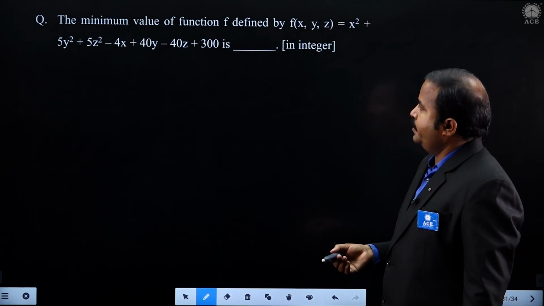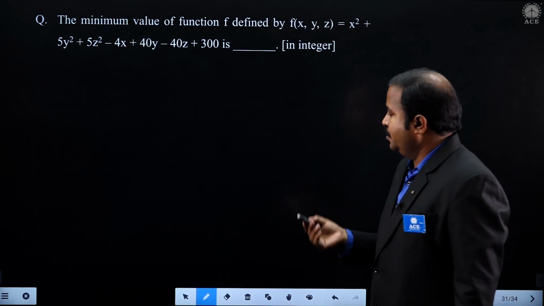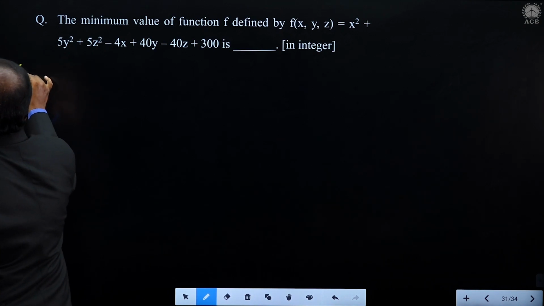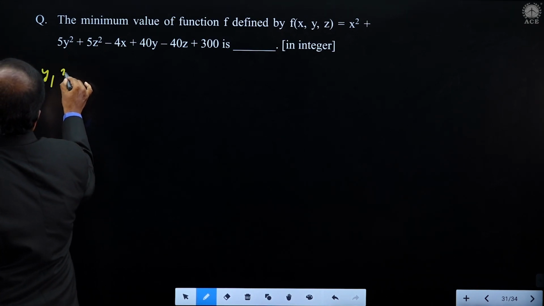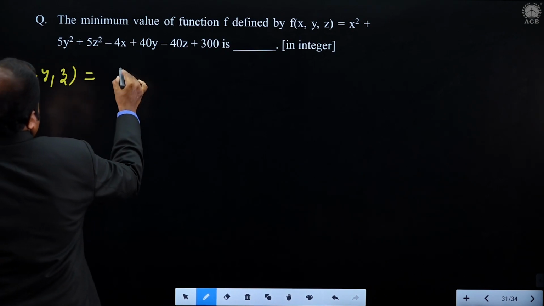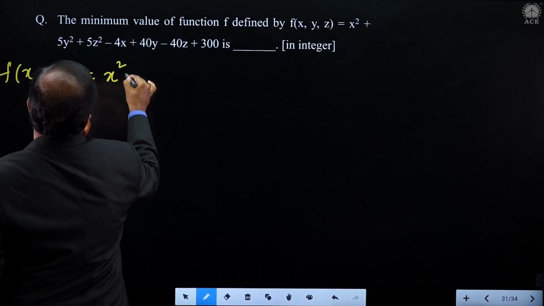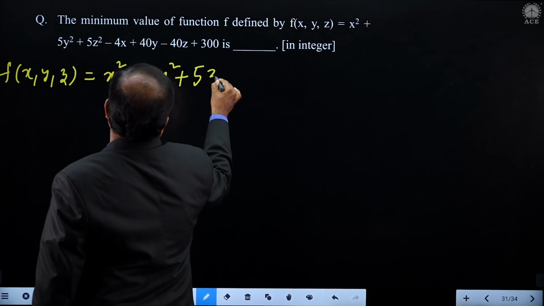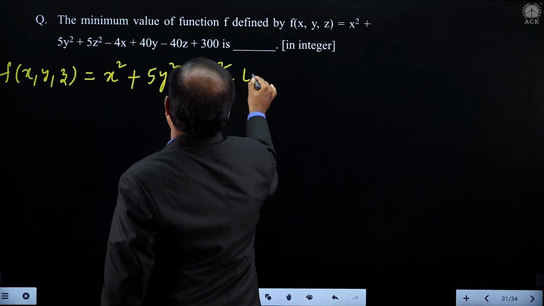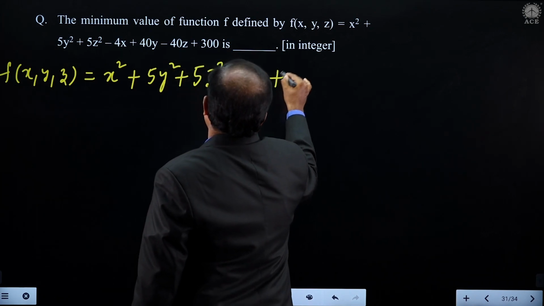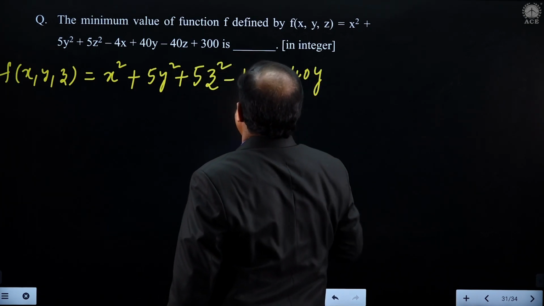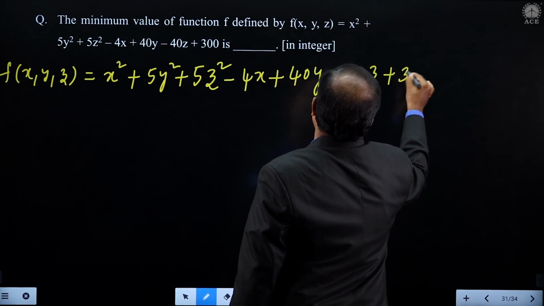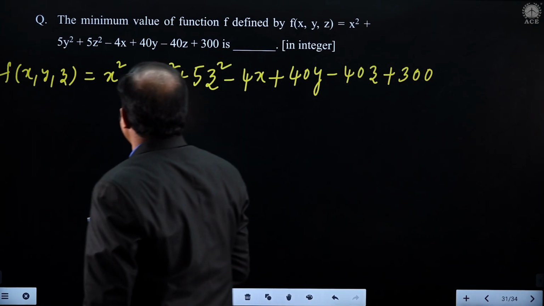This is from the calculus maxima minima concept. So given that f(x, y, z) equals x squared plus 5y squared plus 5z squared minus 4x plus 40y minus 40z plus 300, this is the given function.